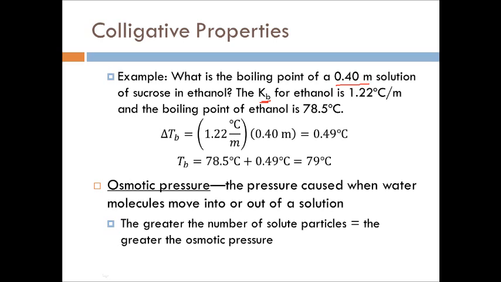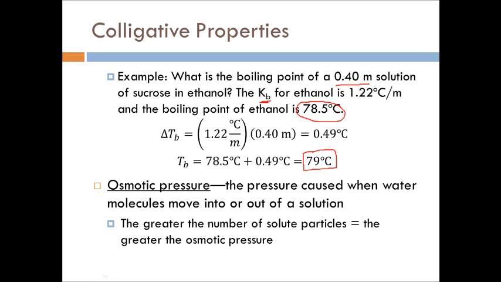So 1.22 times 0.4 gives us a change of 0.49. Now, because this is boiling point, to find the new boiling point you add it to the existing boiling point of the pure solvent, which in this case is ethanol. So we take 78.5 and we add the 0.49, and you get an answer of 79 degrees Celsius.